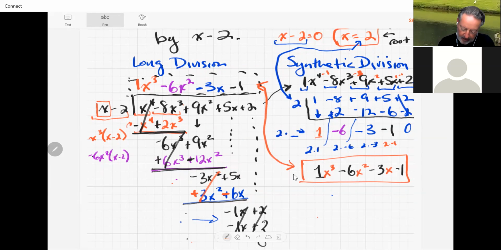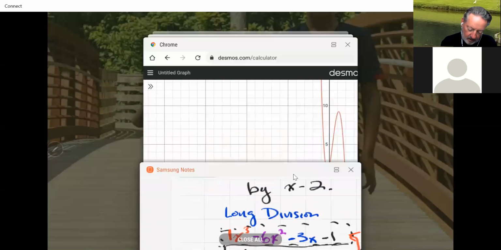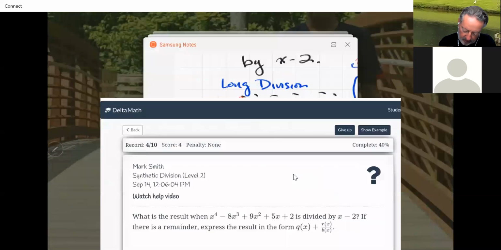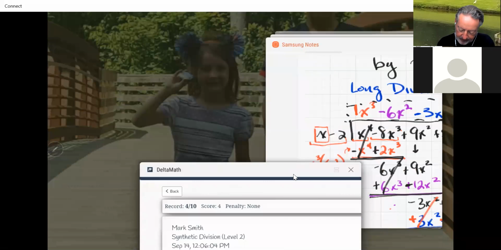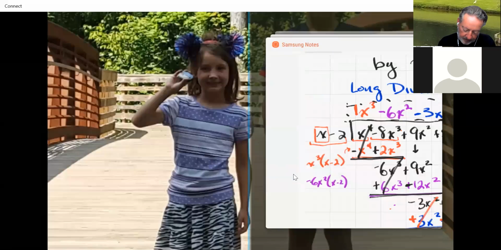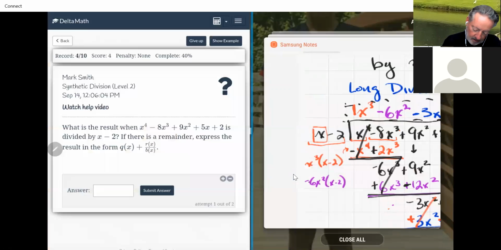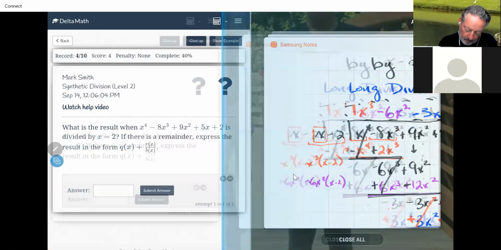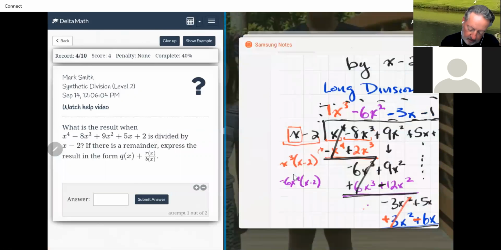Now that I have that answer, I picked this example, one of my Delta Math problems. Tablet's a little bulky, apologize.